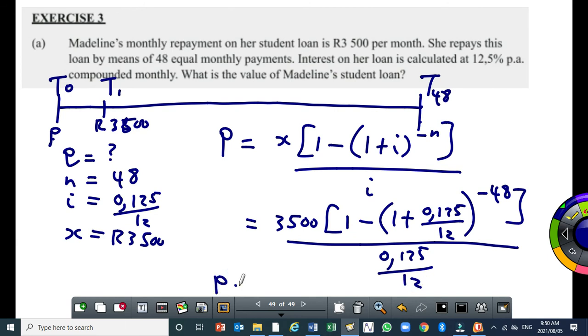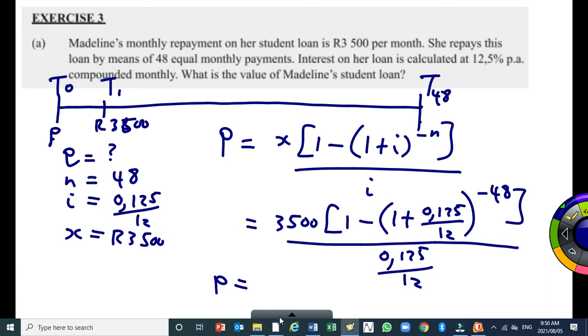What will be the value of it? Be very careful when you're putting it in your calculator. This 48 is a negative 48. You can't get a negative answer. It's financial math, no negative answers.